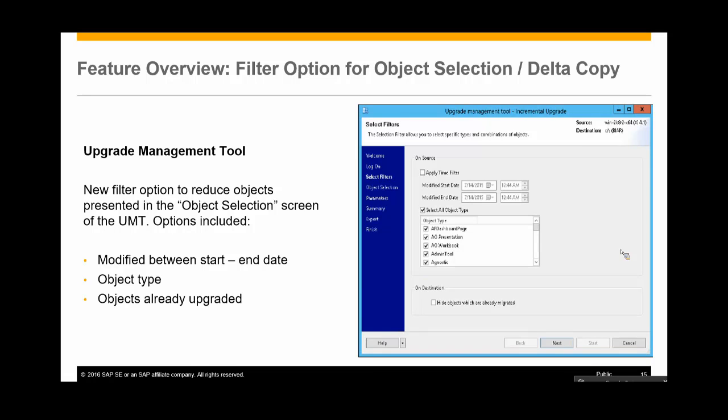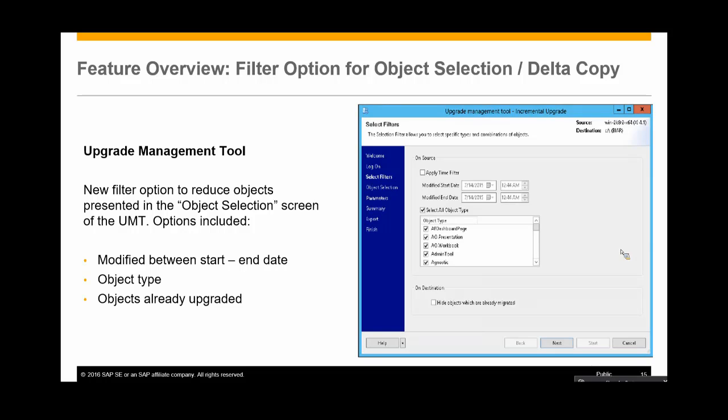These features were felt to be very needful to administrators to make the right choices in taking the objects ahead and migrating them to the new version. So these are the filter options provided, and depending upon the scenario in various customer situations, each one of them becomes very handy.